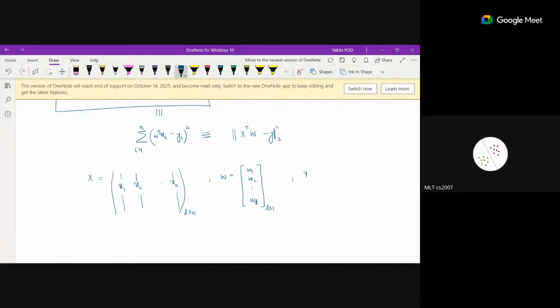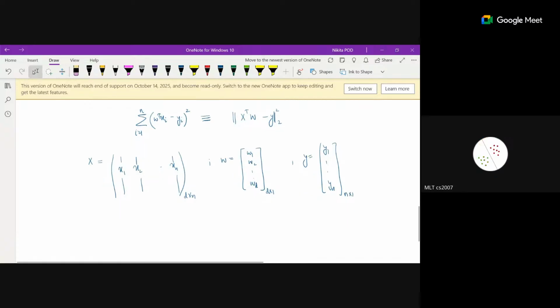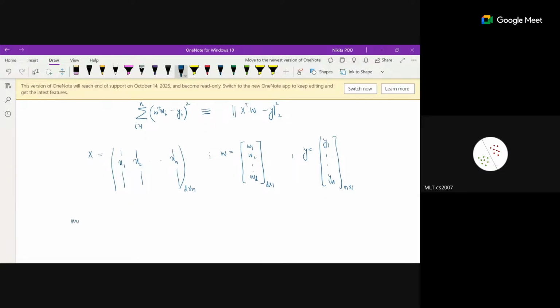What is going to be Y? y is y1, y2, so on till yn. So what we said is, instead of minimizing the sum over W transpose xi minus yi whole square, where i is varying from 1 to n, we can instead minimize the norm of x transpose W minus y.